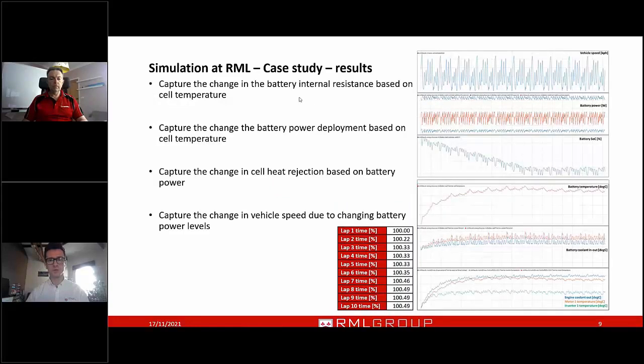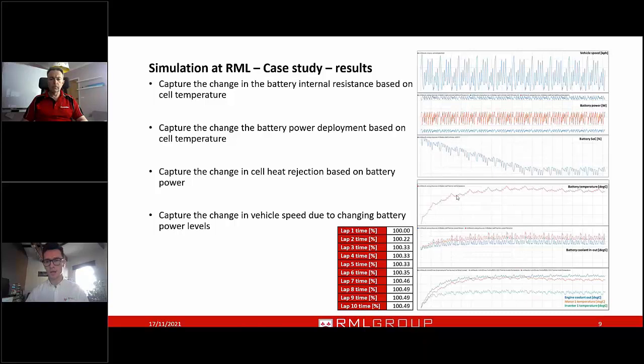So just to give you an indication, on the right-hand side you have plots which show the vehicle speed around multiple laps of a certain circuit. On the middle plot, the second plot from the top, you have battery power. The third plot is cell state of charge.